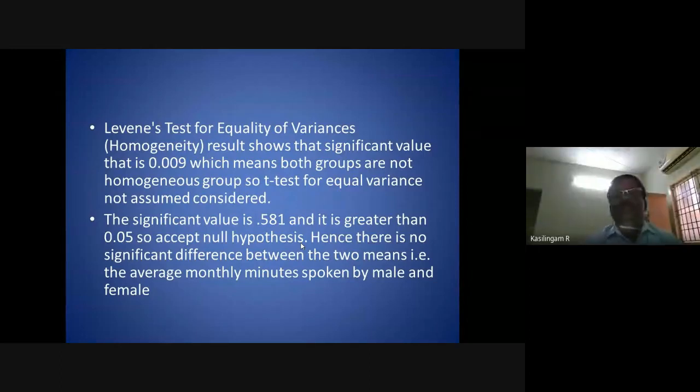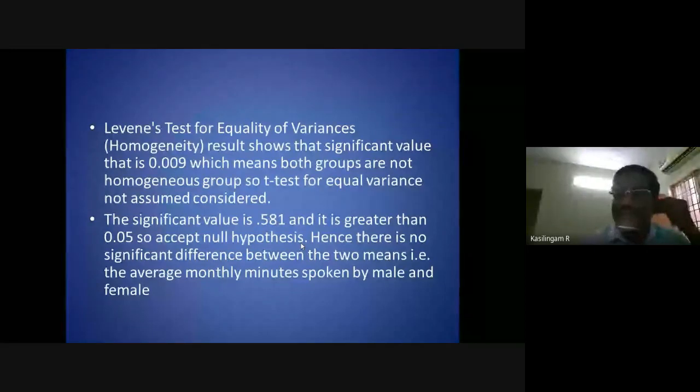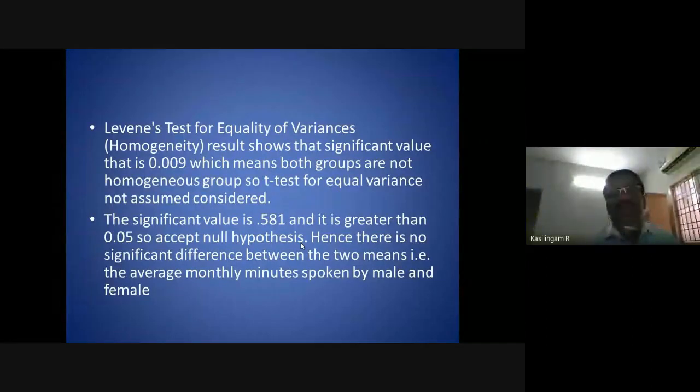So the t-test for equal variance not assumed is considered. Now the significant value for equal variance not assumed is 0.581 and it is greater than 0.05. So we accept the null hypothesis. Hence, there is no significant difference between the two means, which means the average monthly minutes spoken by male and female are the same. There is no difference.